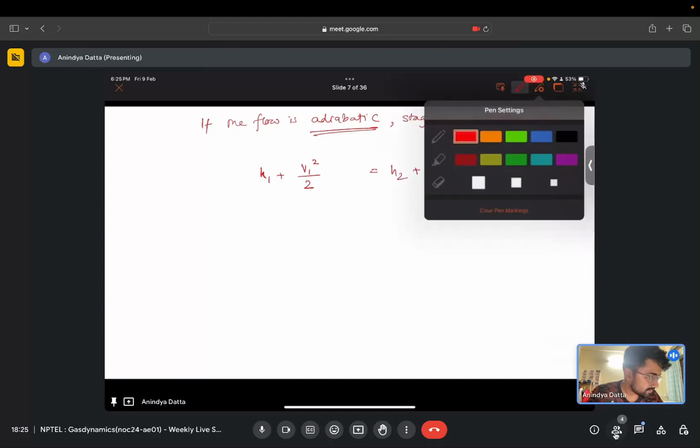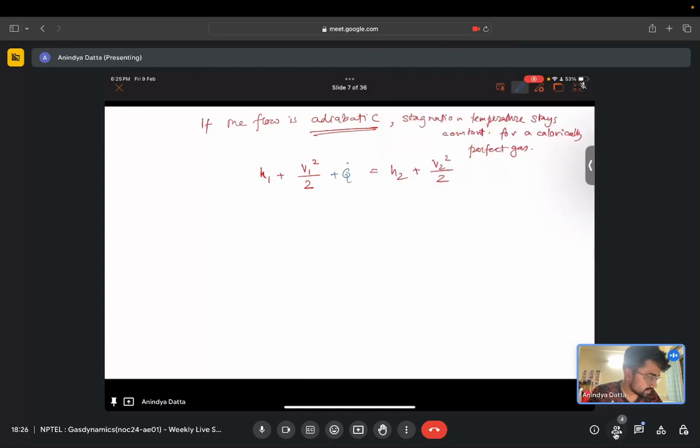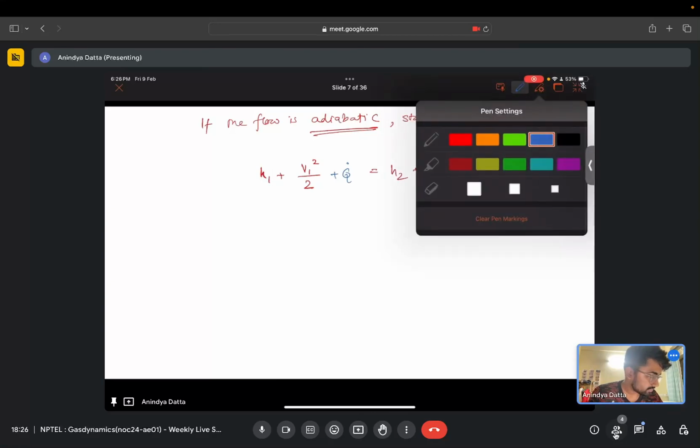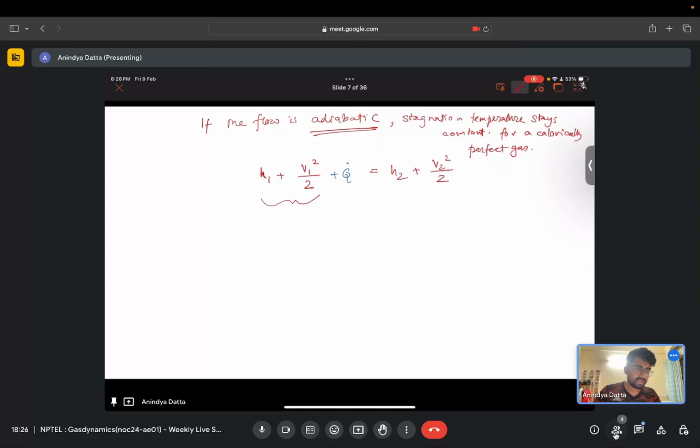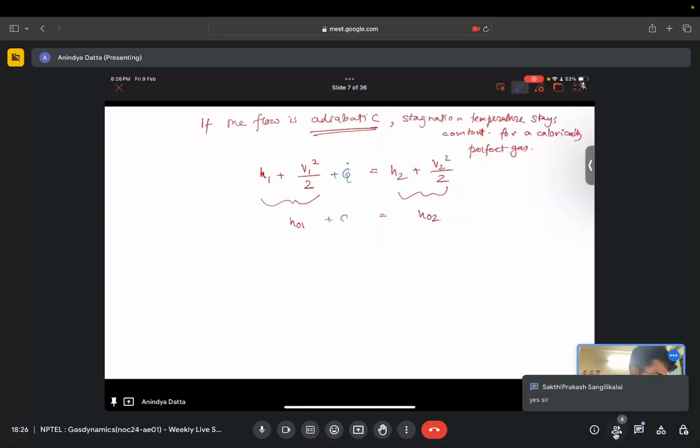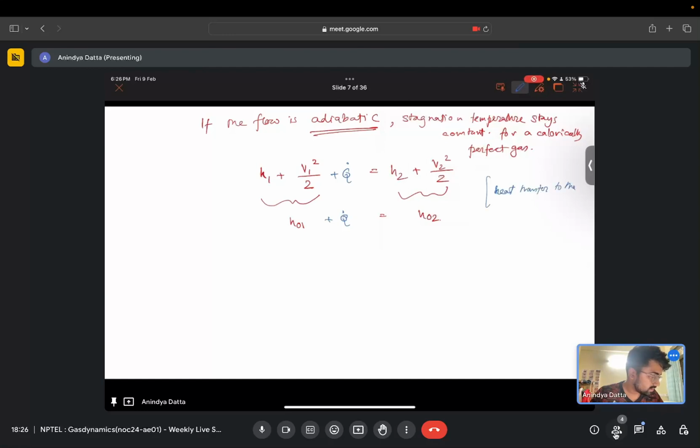Let's assume we have some heat transfer. So H1 plus V1 square by 2 is my stagnation enthalpy at station 1, and this is my stagnation enthalpy at station 2, plus some heat transfer. Let's say the heat transfer to the control volume is Q dot.